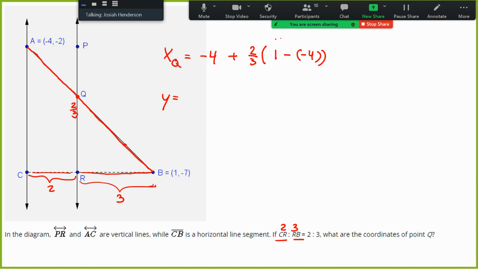That's the x of b minus the x of a. Plus plus. So 1 plus 4 is 5. Okay, this is not going to cancel like the last one did. So 2 times 5 on top is 10/3.